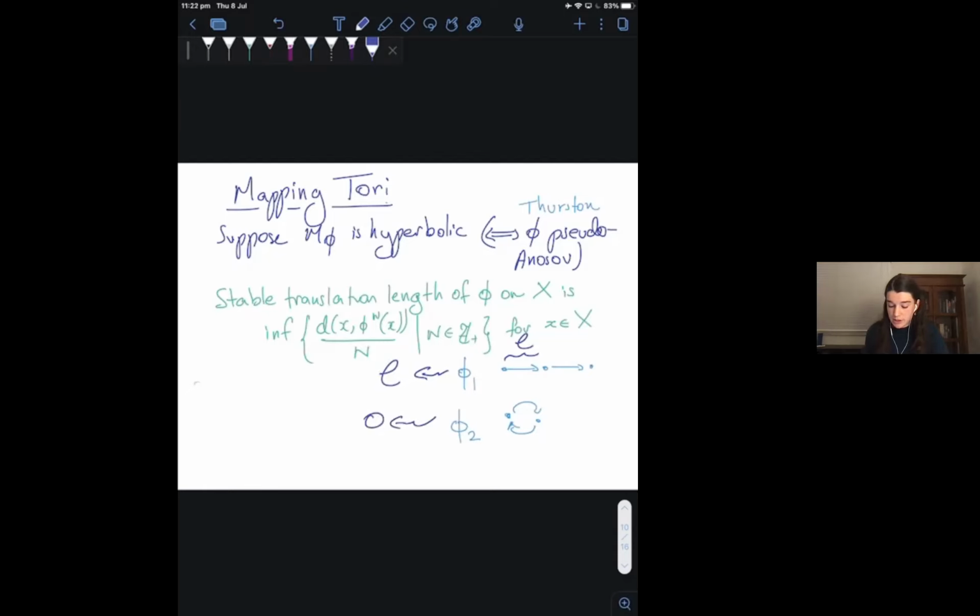So this is measuring how much our map moves us, and something you can check is that this is actually independent of the point x that we chose. So we've got this map acting on a metric space, and then we're measuring how far it takes things.